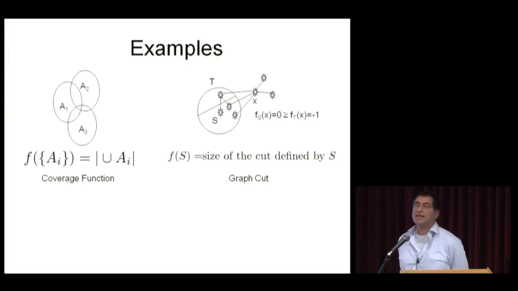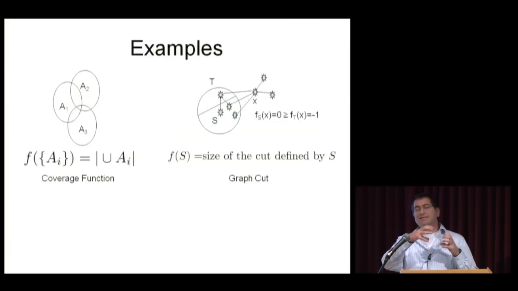Let me just say that there are also natural examples where the function is not monotone. For example, a cut in a graph is a submodular function which is not monotone.